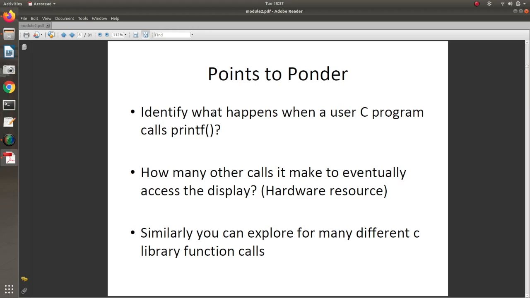That is the screen. When you call printf, how many other calls have to be made to actually print on the display? Another one is, you can explore many different C library function calls. Check out what other function calls are there in the C language.